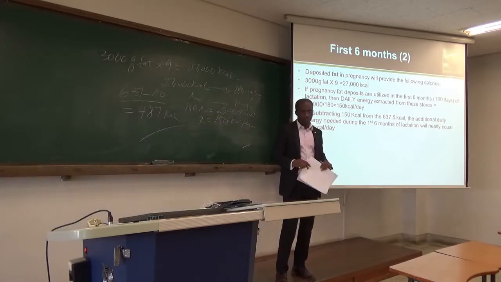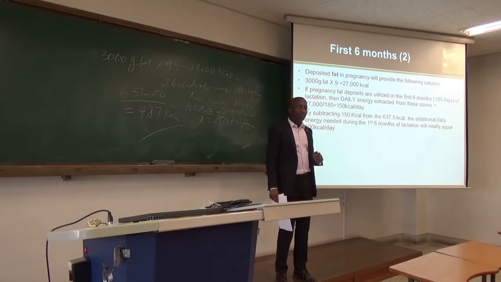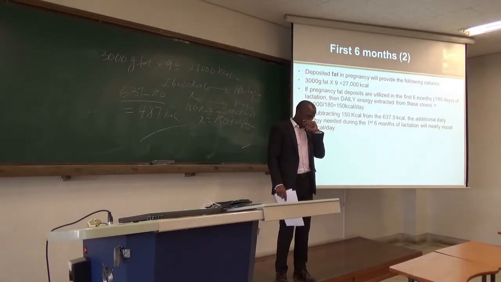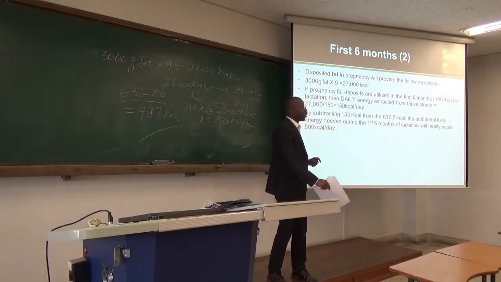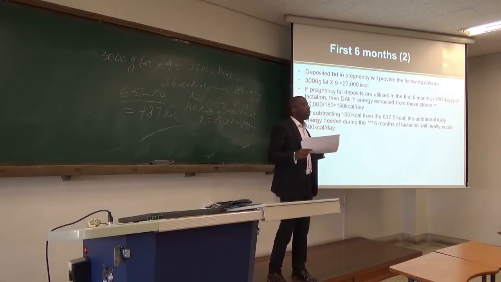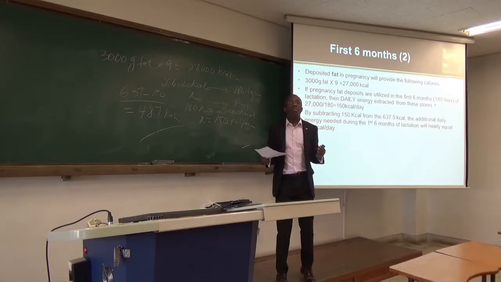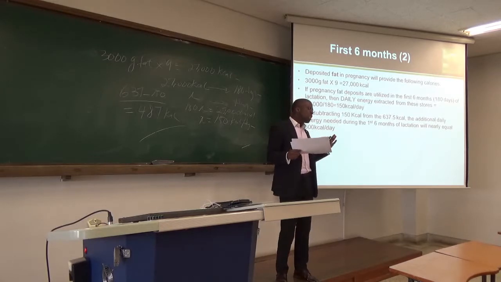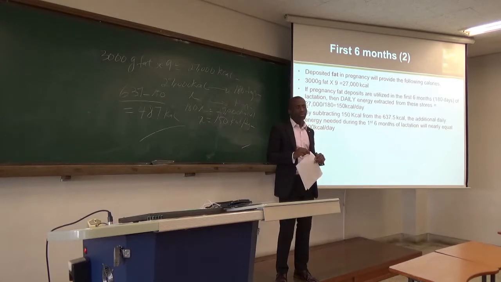Happy or not happy? Understand? Some people don't look happy. I'm happy. So, it's not exactly, we cannot always have 500 for everybody. Okay? It's okay. We need exactly around 500.